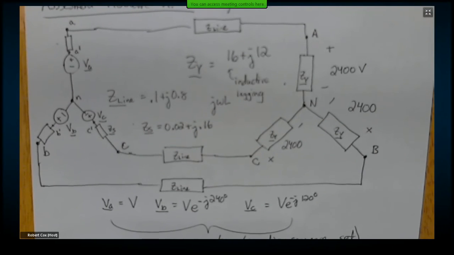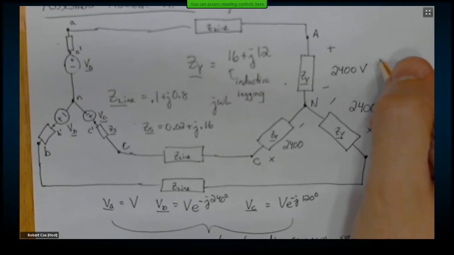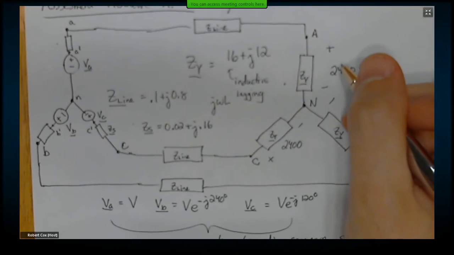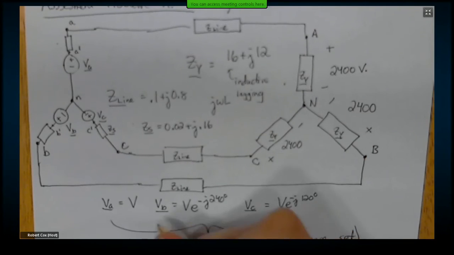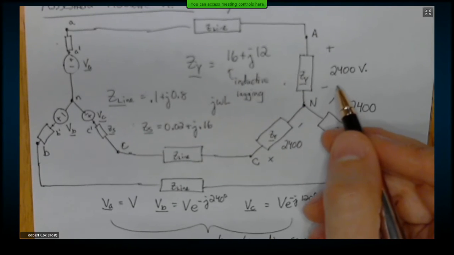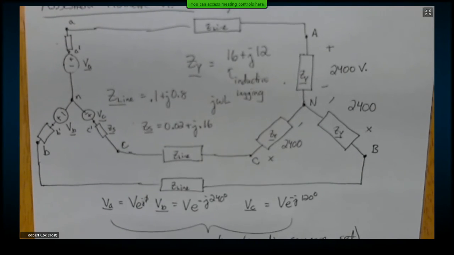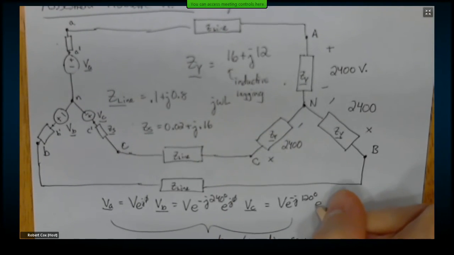When they say that's the reference, that means this is the one we're defining to have 0 degrees, so these others are going to have to be out of phase with respect to this. So this one I'm going to say has some phase shift phi. He will also have this phase shift phi, and he will also have this phase shift phi.